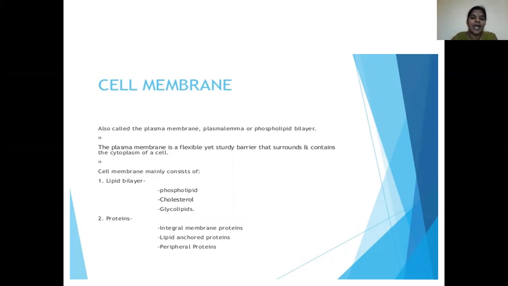So the lipid bilayer in your cell membrane consists of phospholipid, cholesterol, glycolipids, right? And you have three types of proteins: integral membrane proteins, lipid anchored proteins, peripheral proteins.